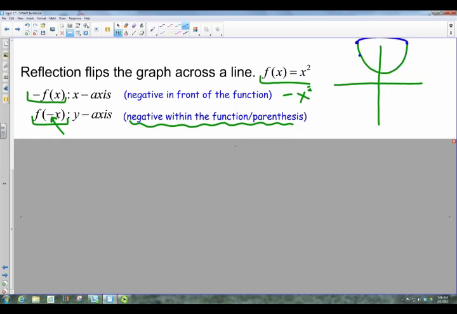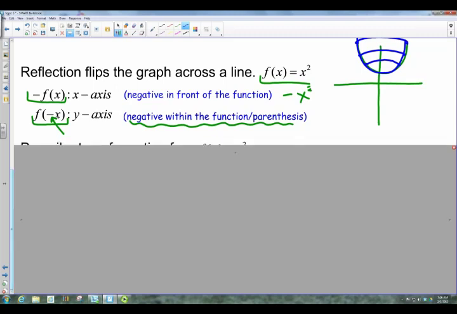This point would reflect and become this point. This point would reflect and become that point. Basically all that happens is it's the exact same graph for this quadratic. Different graphs reflect a little differently, but for this one in particular it would look exactly the same. So here's how you identify those.